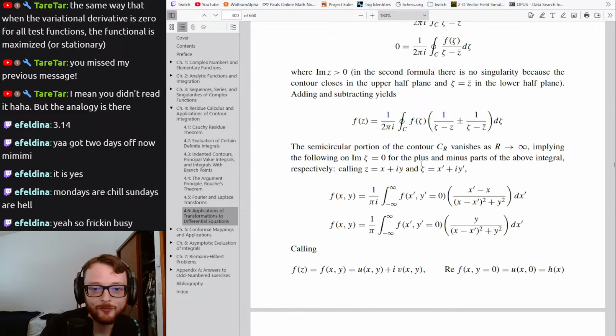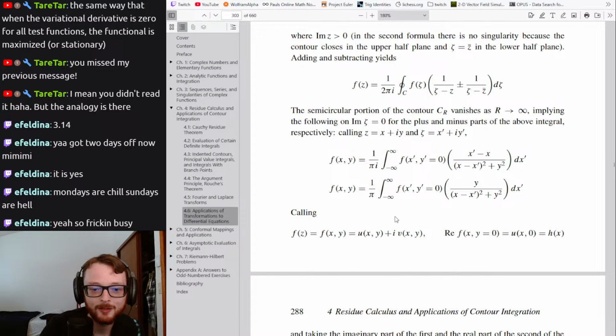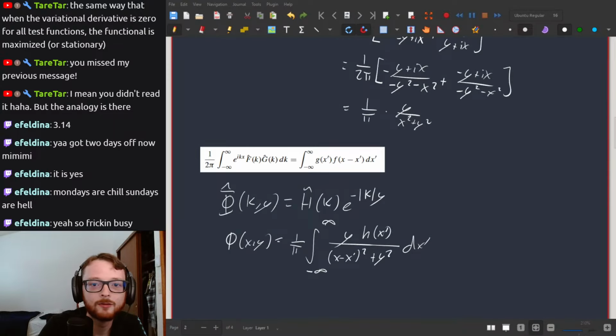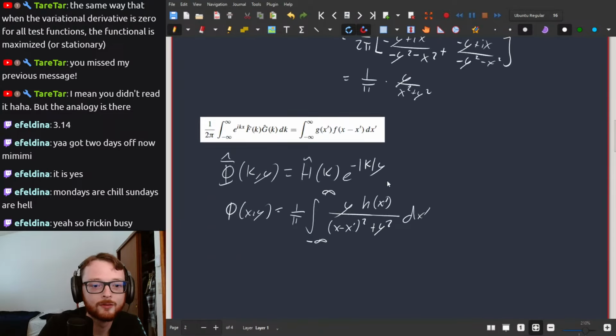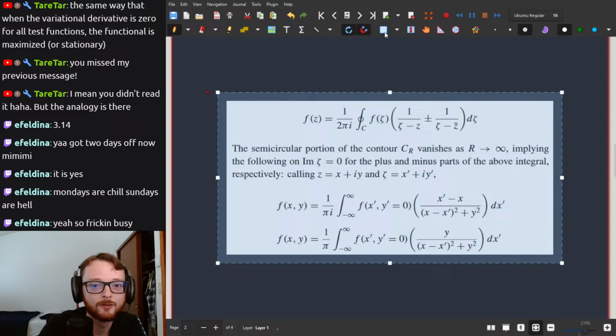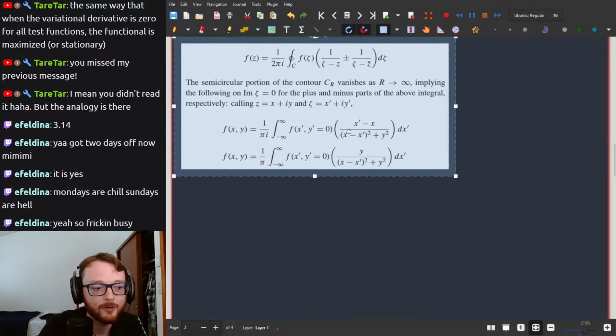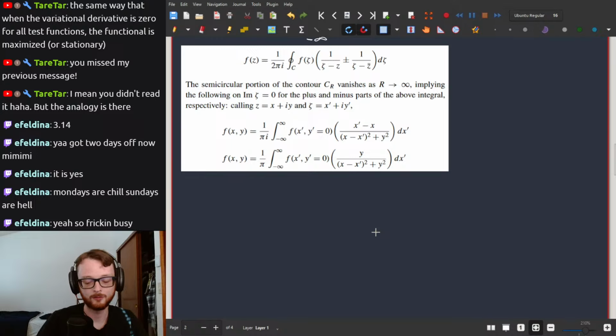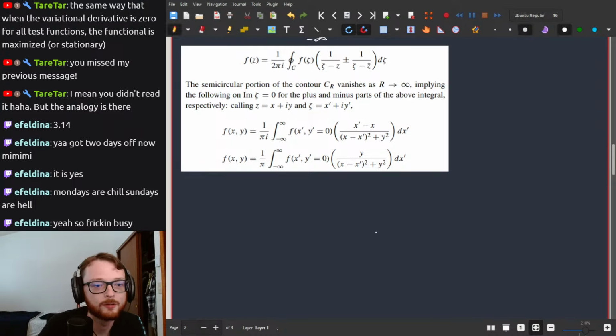I think I should take this aside and derive this, because I'm not seeing the algebra that they're doing.